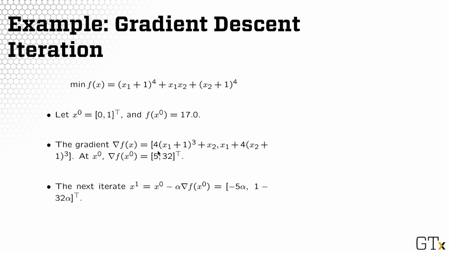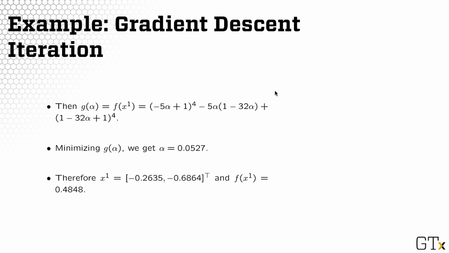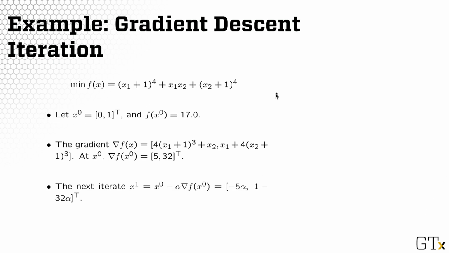Now, what is the gradient vector for this function? We have to take the derivatives. The gradient is the partial derivative with respect to x1, and then the partial derivative with respect to x2.